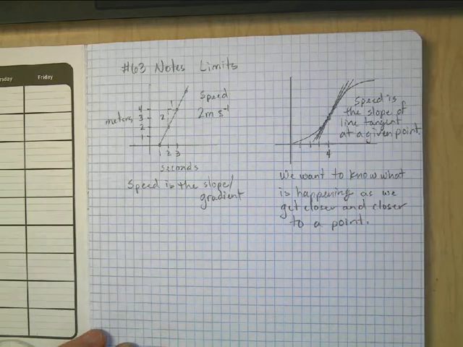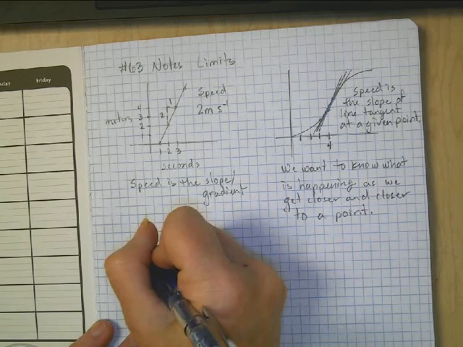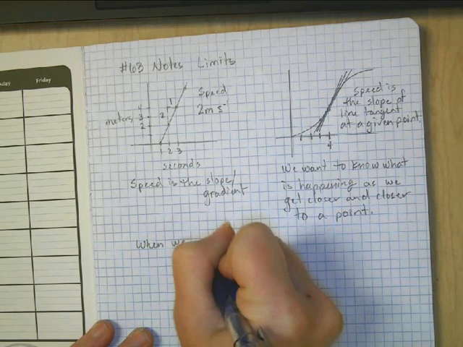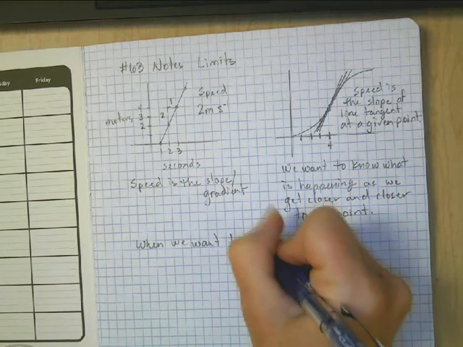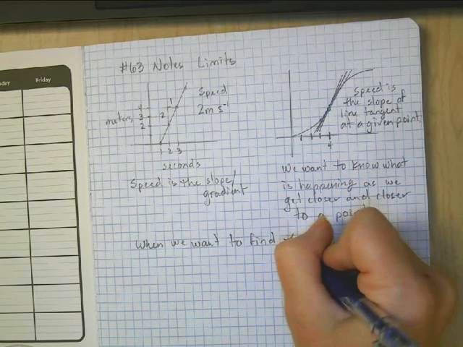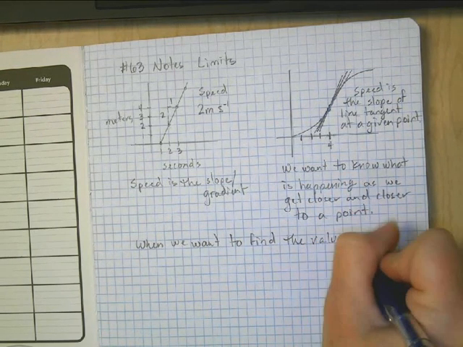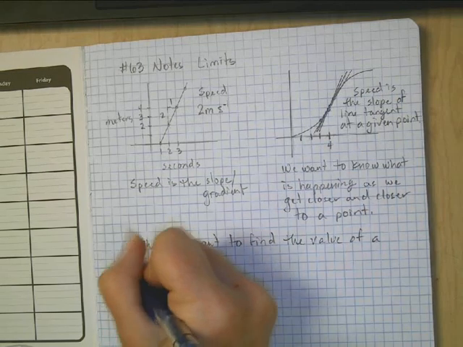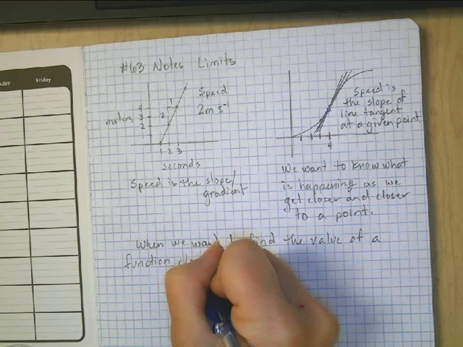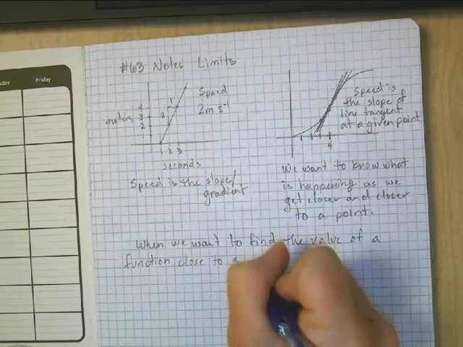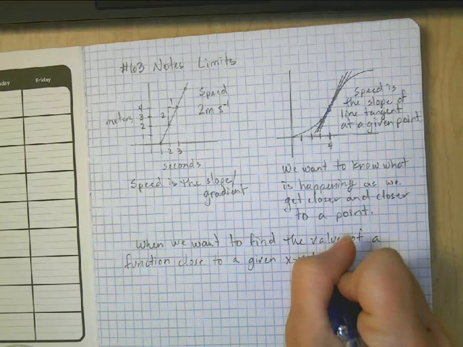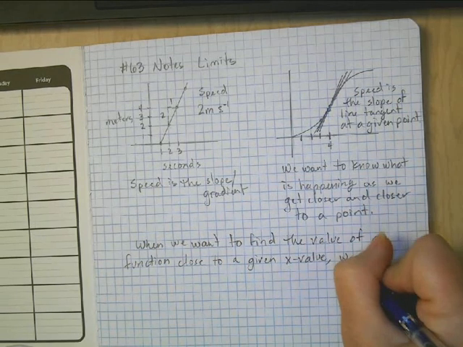So that's what we're trying to do. I'm going to write this out. When we want to find the value of a function close to a given x value, we call it a limit.